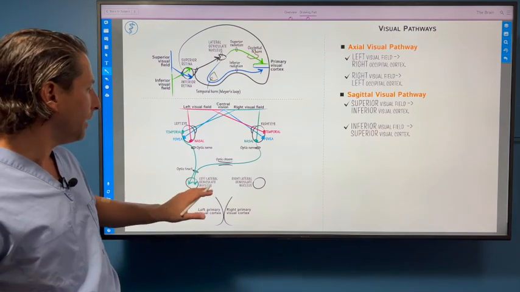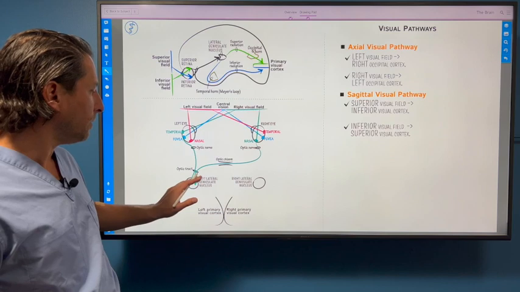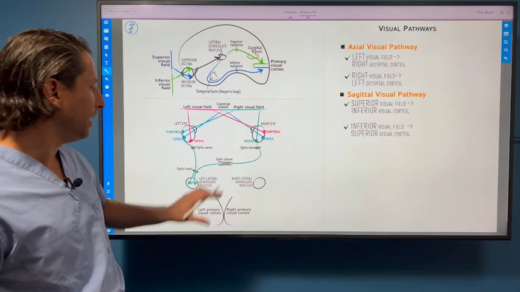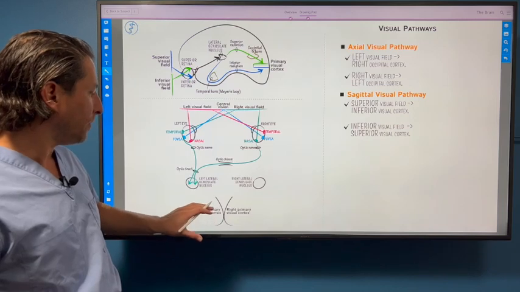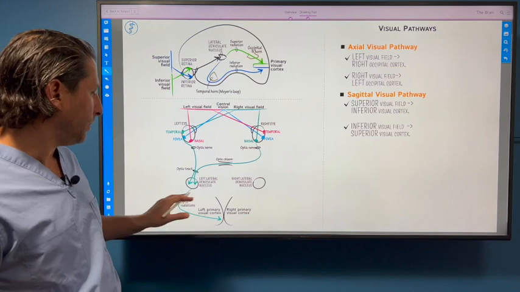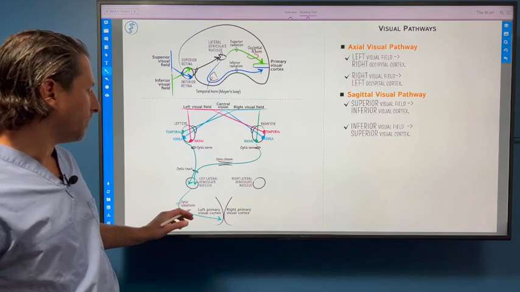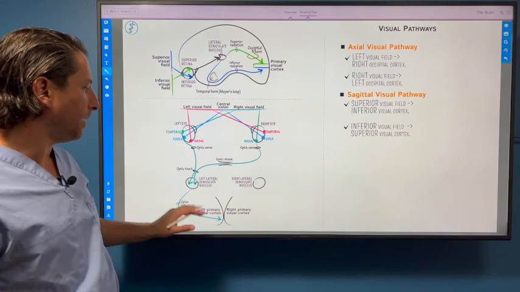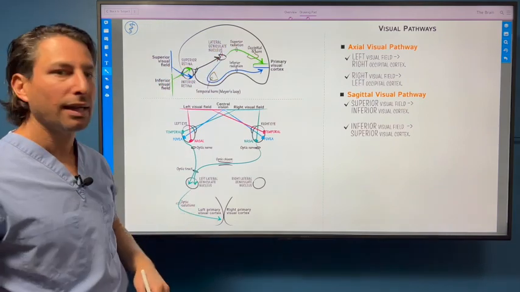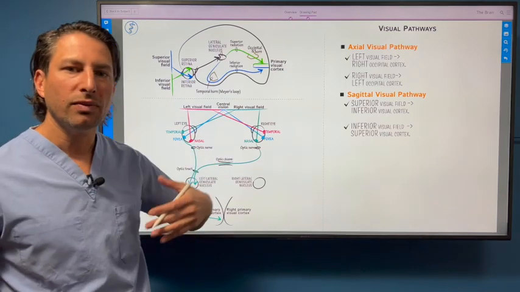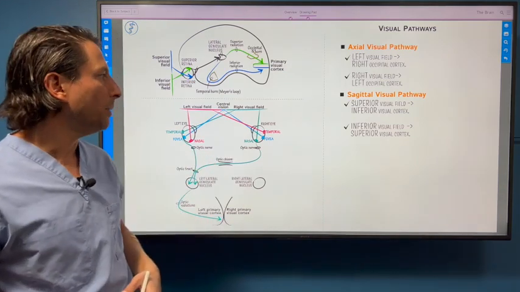But look, they're meeting up in the lateral geniculate nucleus that's contralateral to the visual field because they're going to end up in the visual cortex that's contralateral to the visual field. And we can see that here. We talk about these optic radiations, the superior and inferior radiations that we don't count for in axial view. We're going to learn this cold when we talk about visual field deficits in a moment.